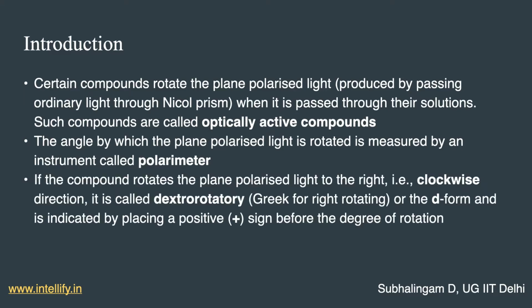If the compound rotates the plane polarized light to the right, that is in the clockwise direction, it is called dextrorotatory, and we represent it by the d form, indicated by placing a positive sign before the degree of rotation. For example, we say that this compound has rotated the light by plus 5 degrees or plus 10 degrees.